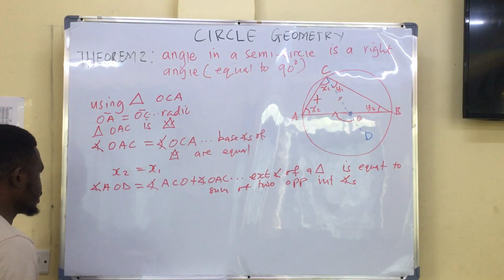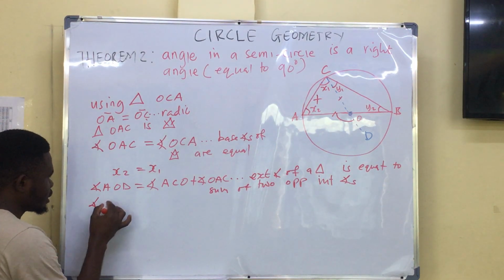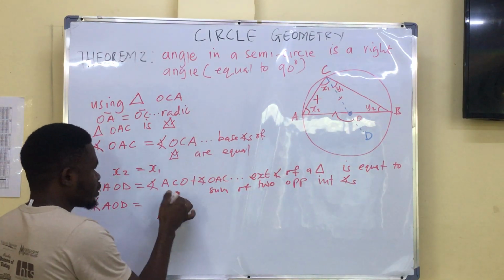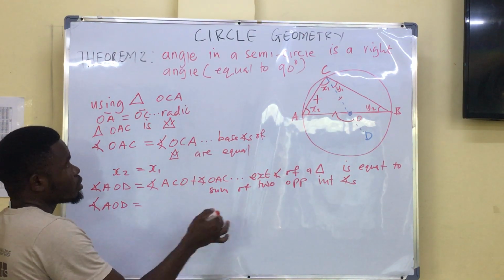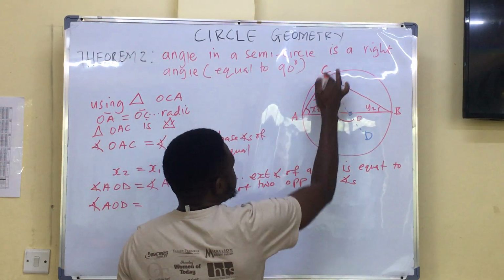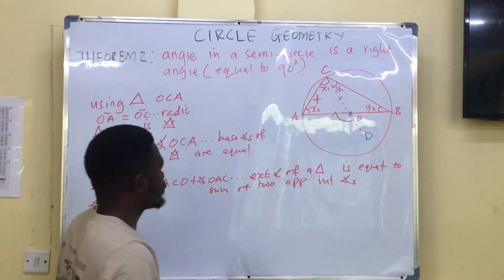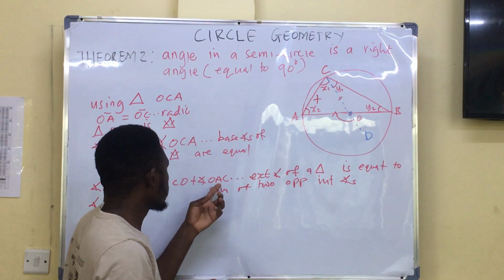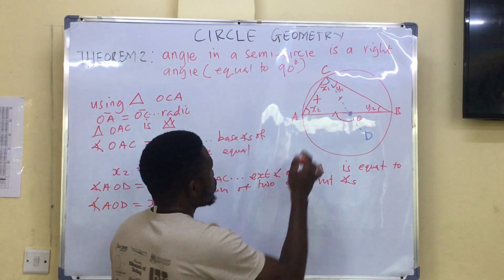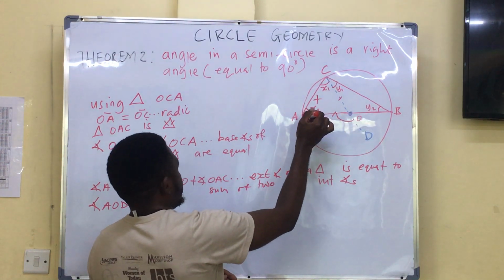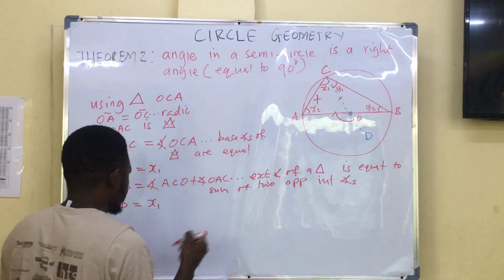Fine. Okay, let's proceed. Meaning that angle AOD is equal to what? What's the value of angle ACO? ACO is X1. What about the value of angle OAC? Angle OAC is equal to X2.